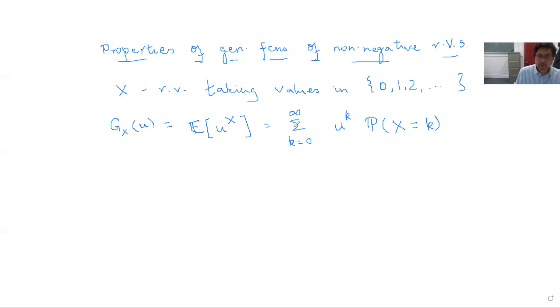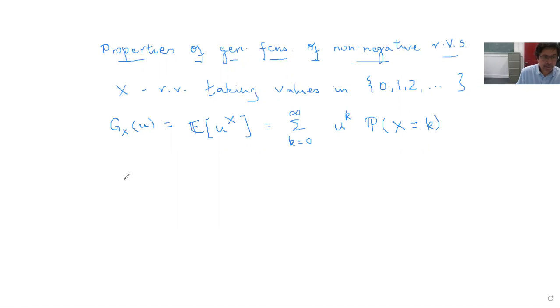In general, the sum should go from minus infinity to infinity, but we have a non-negative random variable, so it only goes from 0 to infinity. Okay, so a couple of properties.